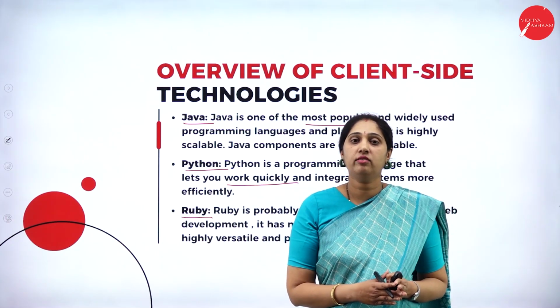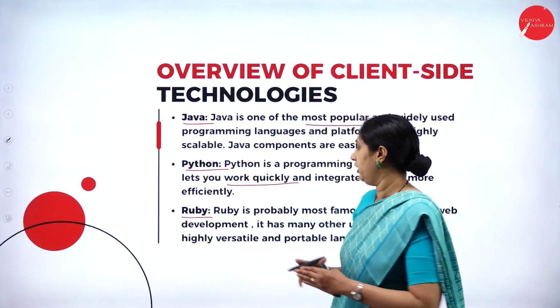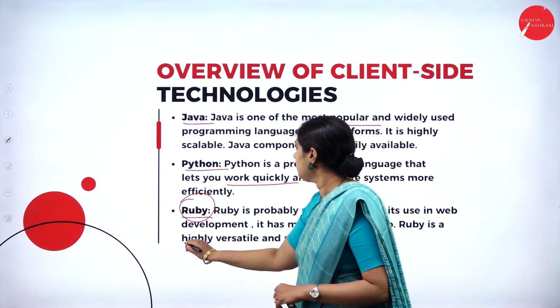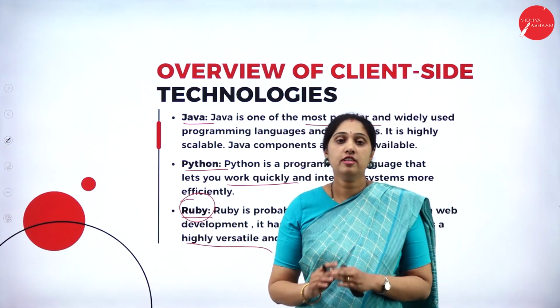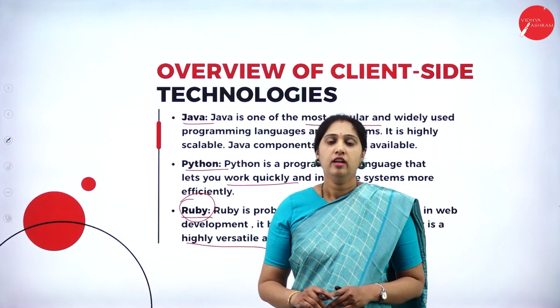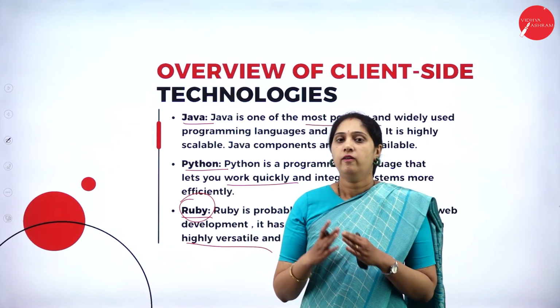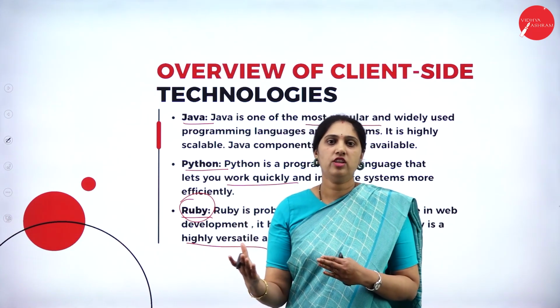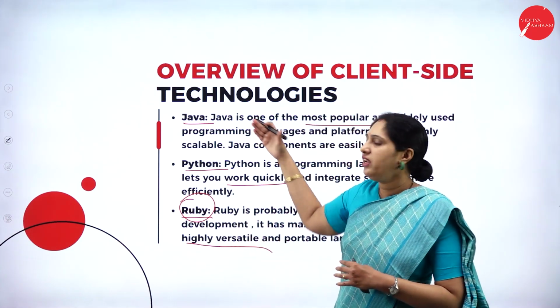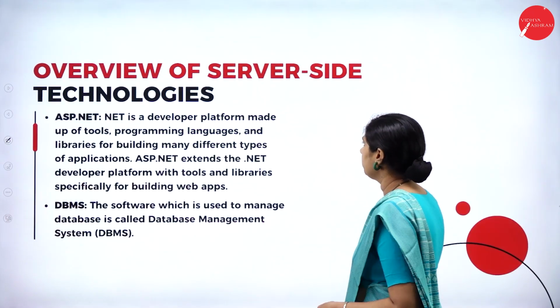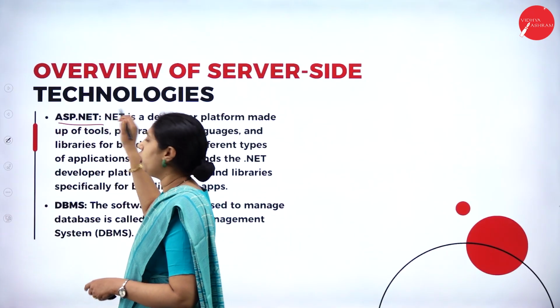With server-side scripting language, that is all about Ruby. We say it is highly versatile in development. So each scripting language has its own advantage. Depending on the situation, depending on the context, we have to select the server-side scripting language.